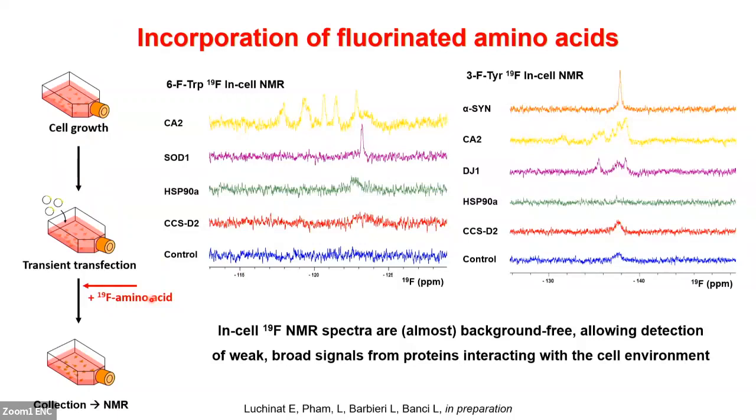If the production of the protein is relatively fast, then we have enough protein in a short period of time, and the other components of the cell have not incorporated the label isotopes.